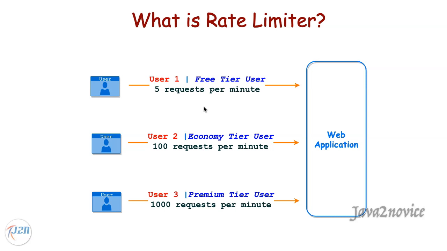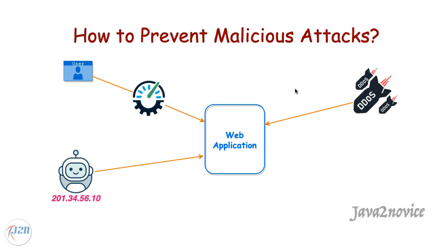Not only in commercial license based use cases, the rate limiter is also very critical in other use cases. Rate limiters are very critical in protecting your application from malicious attacks. You might be aware of DDoS attacks. DDoS means distributed denial of service attacks.